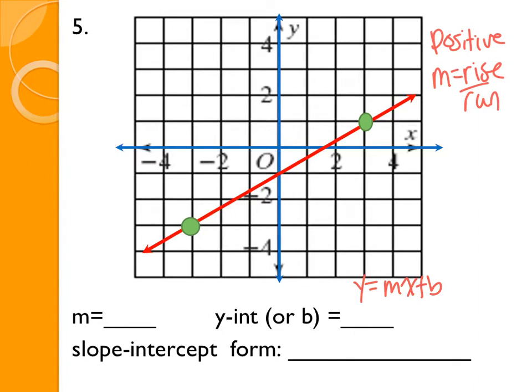So we have to look at my line, and we'll take my pencil, and I'm just going to trace my line till I see where it crosses the y-axis. Oh, found it. Crosses the y-axis right here. 0, -1. So my y-intercept is -1. It crosses the y-axis at -1.